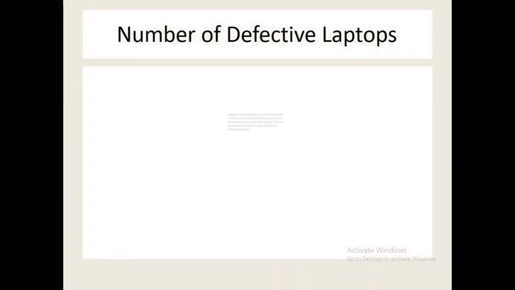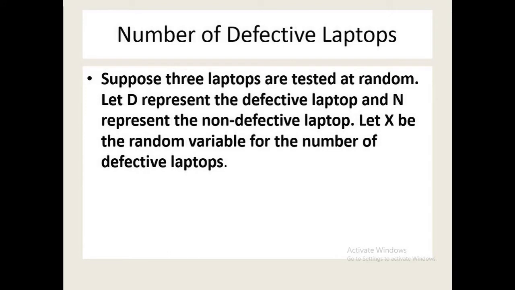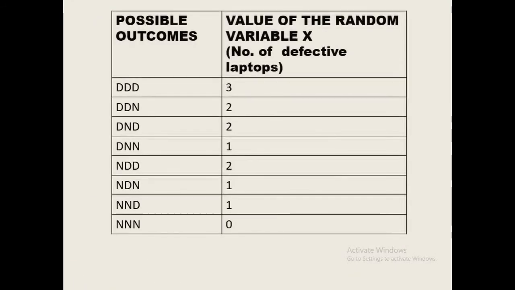Number of defective laptops. Suppose 3 laptops are tested at random. Let D represent the defective laptop and N represent the non-defective laptop. Let X be the random variable for the number of defective laptops. On the first column are the possible outcomes. On the second column is the value of the random variable X for the number of defective laptops.